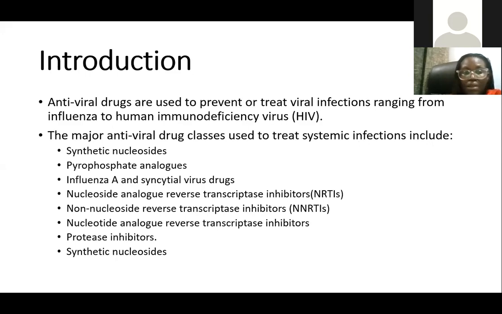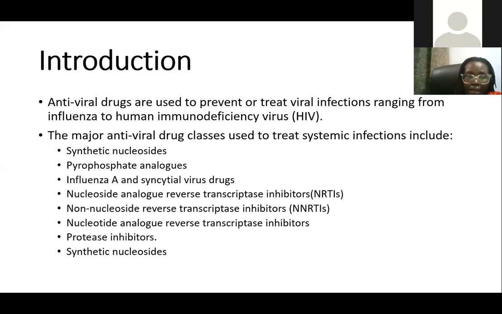So antiviral drugs, like I said earlier, are used to treat or prevent viral infections. And these range widely from influenza to HIV. And these are the major classes that I've listed.